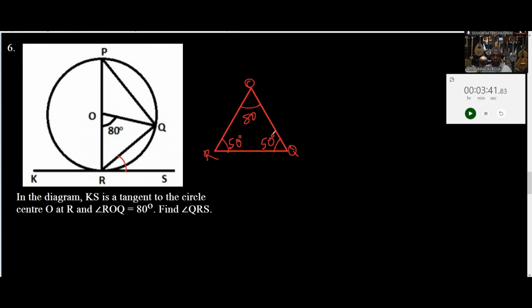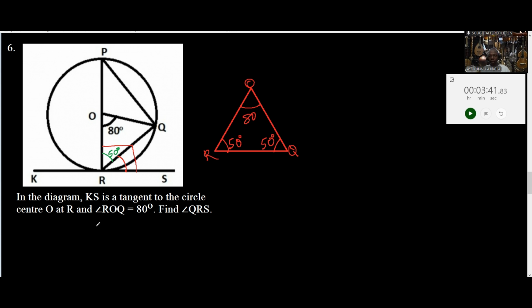So 50 degrees. Then, since we know the tangent makes 90 degrees at R, the totality at R is 90. So if this place is 50 degrees, then the outside that we're looking for must be 40 degrees.